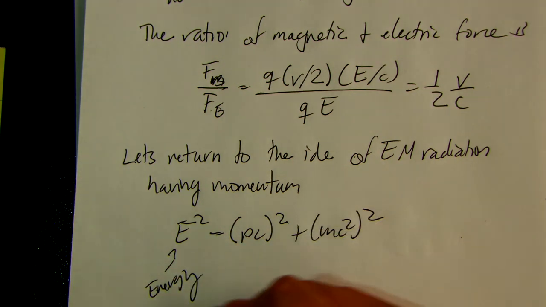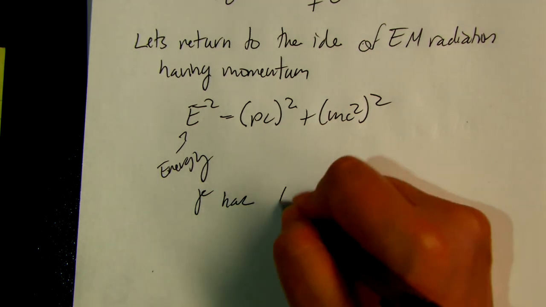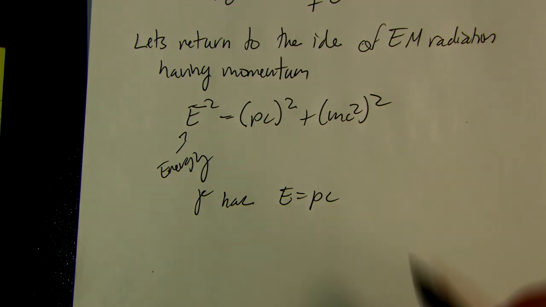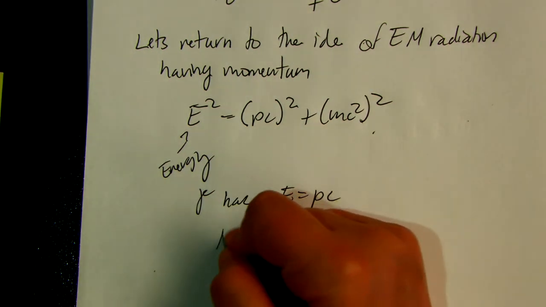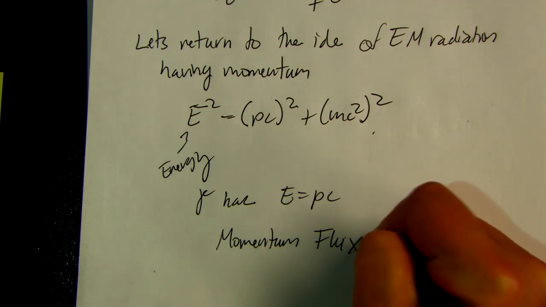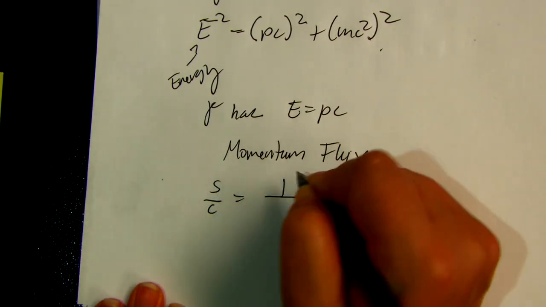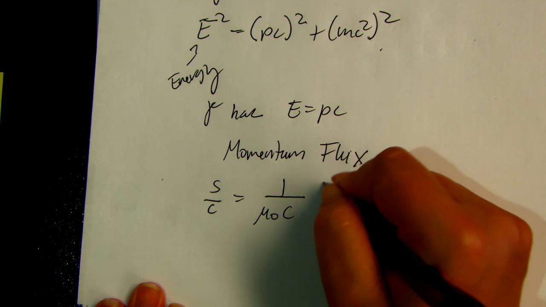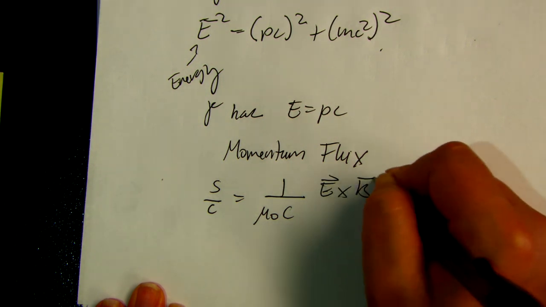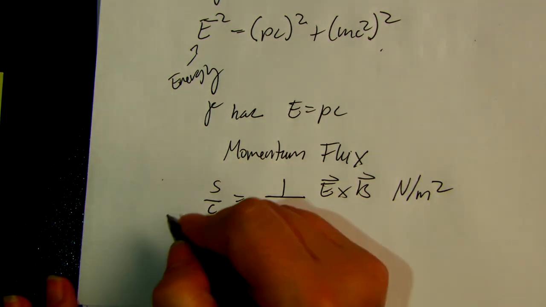And we know that a photon has E equal to PC, because if this is 0, then these two are equal to each other. So momentum flux, S over C, is equal to 1 over mu naught C E cross B, newtons per meter squared.